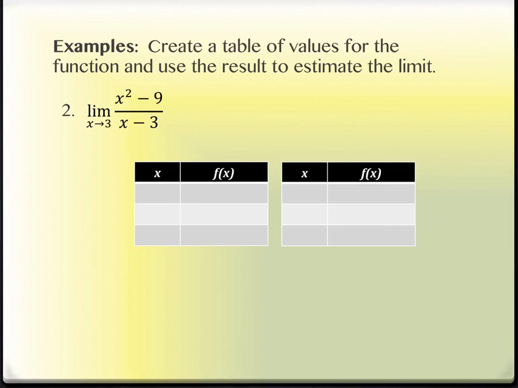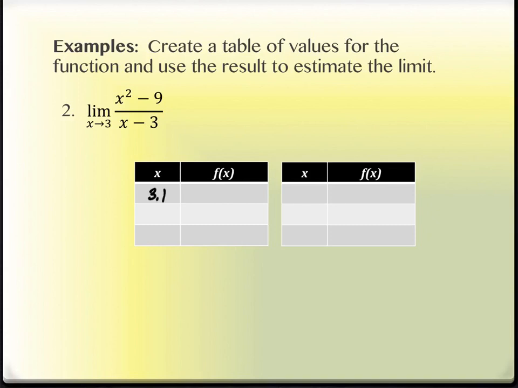Well, it says that I'm wanting to find the limit as x approaches 3. So this table is set up like the other one we did. I need values in my x column that get really close to 3 from either side. We do this the same way every time. We go slightly bigger than 3 and slightly smaller than 3. So slightly bigger than 3 looks like 3.1.